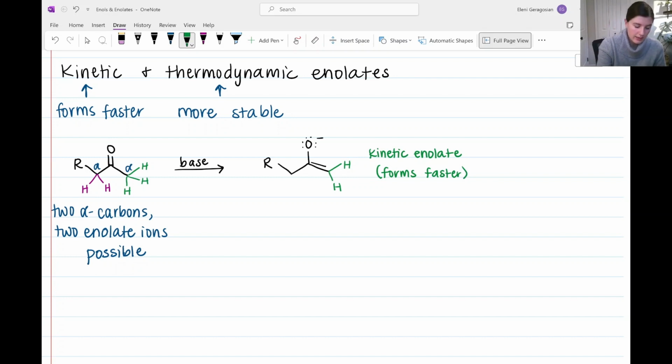Now let's look at what the enolate ion would look like if we remove a hydrogen from the other, more substituted carbon, the left of the molecule. If we removed an alpha hydrogen from the alpha carbon on the left, then now we only have 1 hydrogen there. We have a carbon-to-carbon double bond, negative oxygen, and our CH3 group. So we still have these 3 hydrogens here.